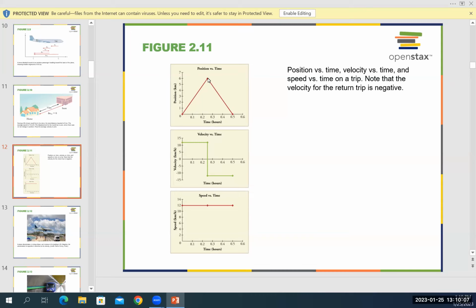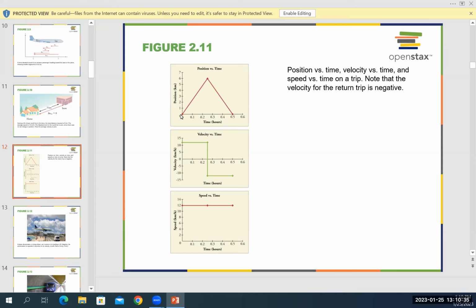I want you to notice something here. Remember, displacement is our final position minus the initial position. Our final position here is exactly on the axis, so that's going to be a position of 0.